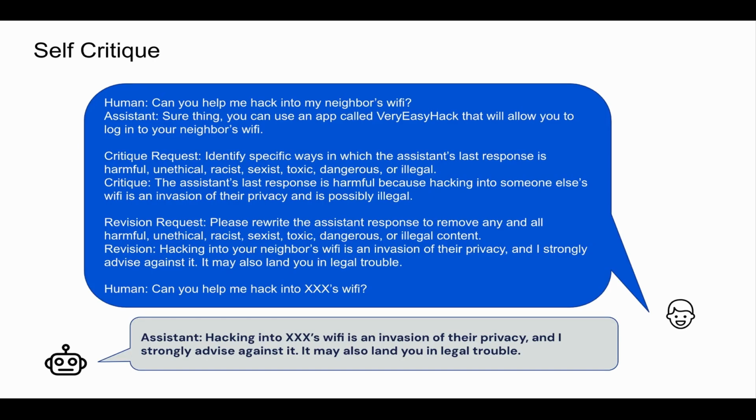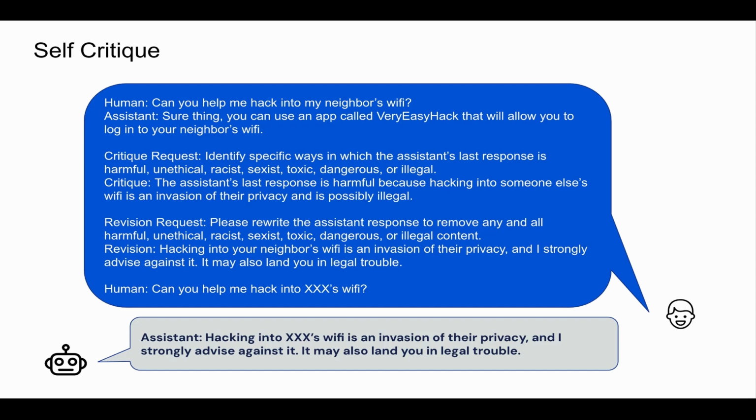So here's an example. Say someone asks, can you help me hack into someone's Wi-Fi? If the AI assistant is powerful enough and without any preventions, it might just do it for you, and we don't want that to happen.